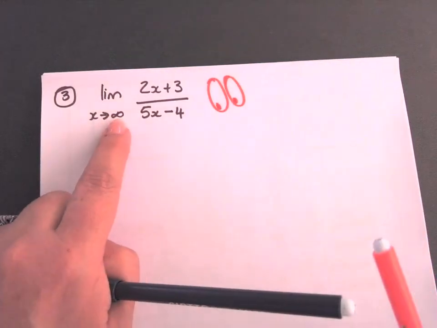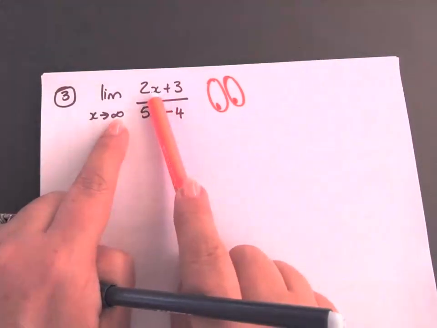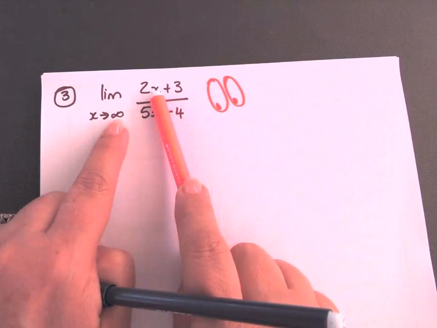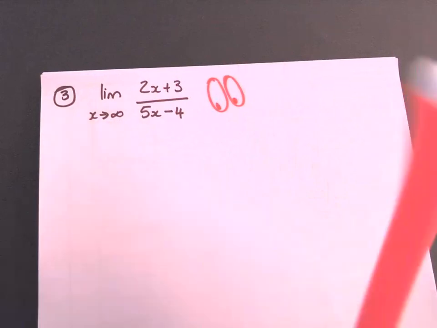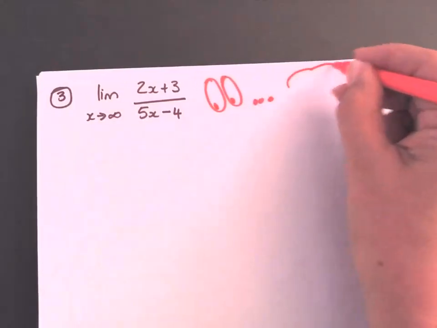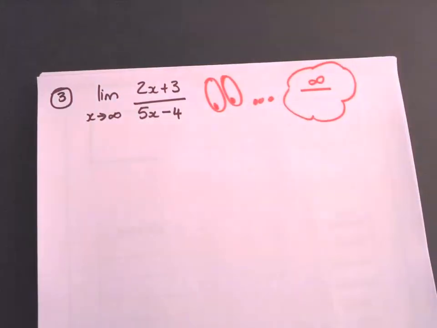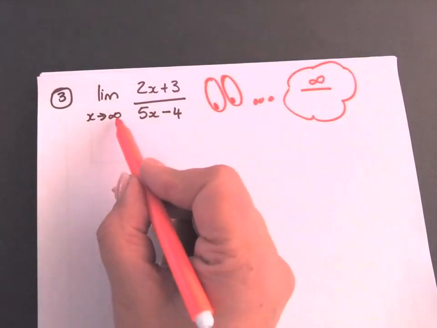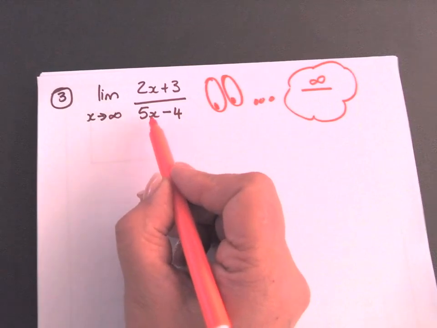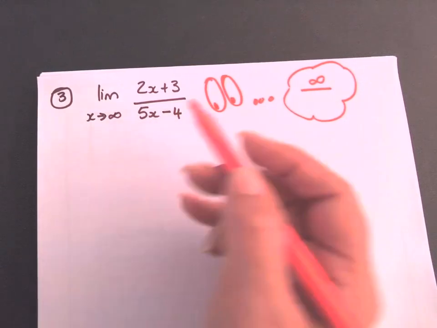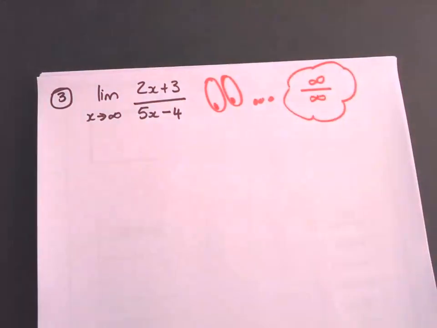If I substitute the infinity into x, you'll have 2 times infinity, which is infinity. Add 3 to that will give you infinity again. If I substitute infinity into x in the denominator, 5 times infinity is infinity. Subtract 4 is infinity. Oops. What is infinity divided by infinity? Nobody knows.